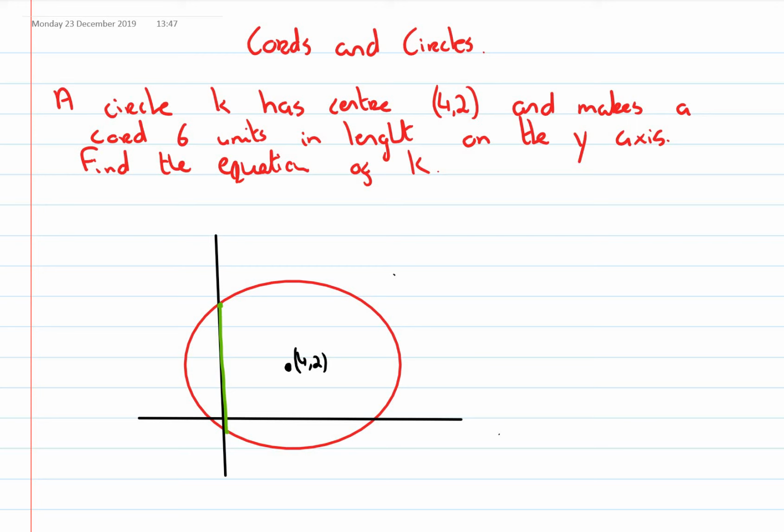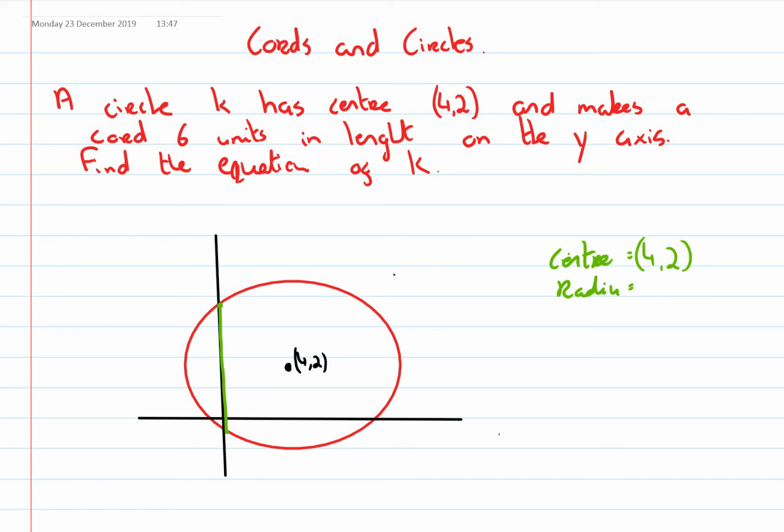So to find the equation of K, I need the centre point. Well, I have that already. It's 4, 2, and I need the radius, which I don't have. However, I could use my knowledge of geometry, trigonometry, and coordinate geometry.